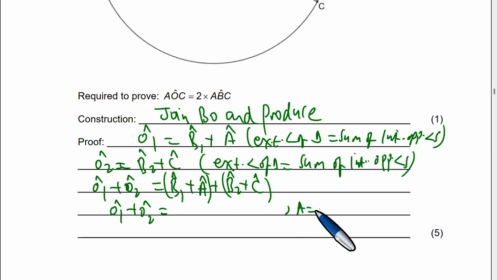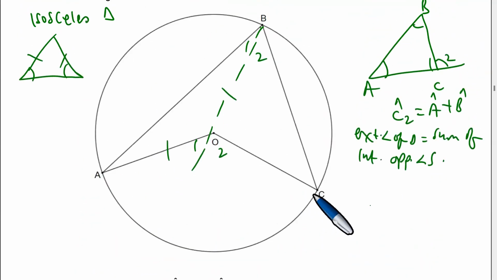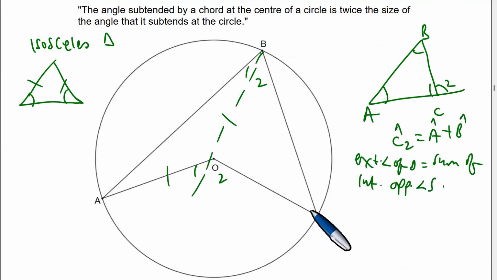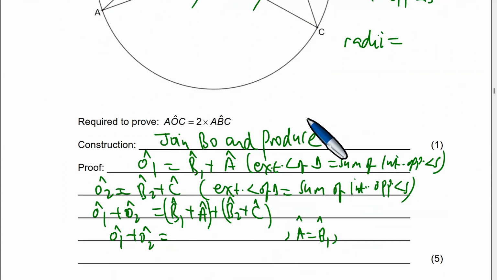Also, angle C: this is a radius from the center to the circumference. The radii are equal, so angle C is equal to B2.